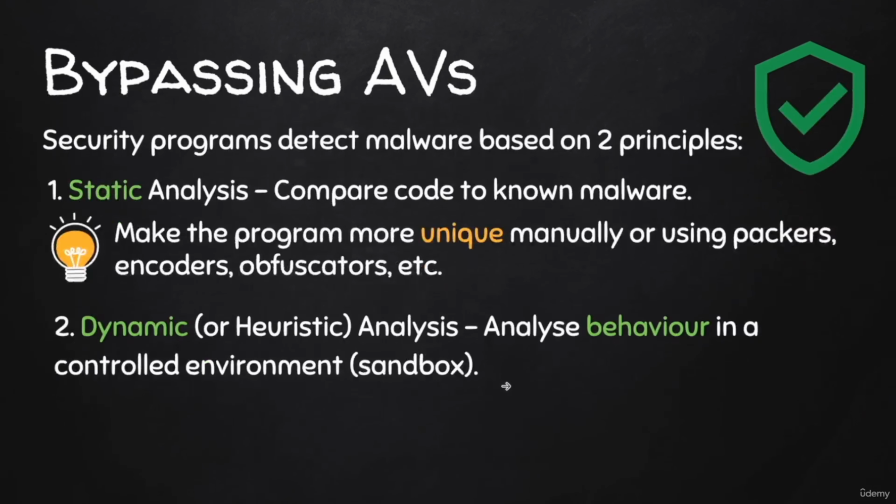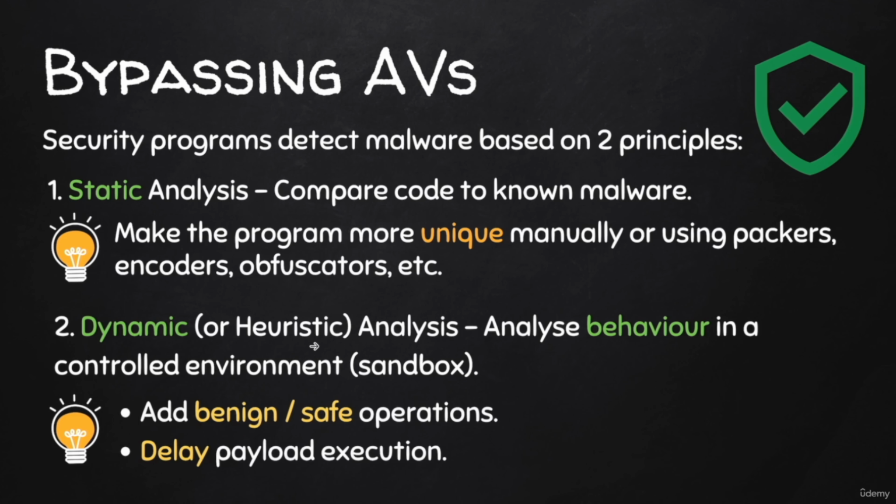So in this case, simply making the code more unique is not enough, because even if you have unique code that is doing suspicious stuff on the computer, the antivirus program is going to flag it as a virus or as malware. Therefore, in order to bypass this technique, we're going to have to make the program seem like it is not harmful.